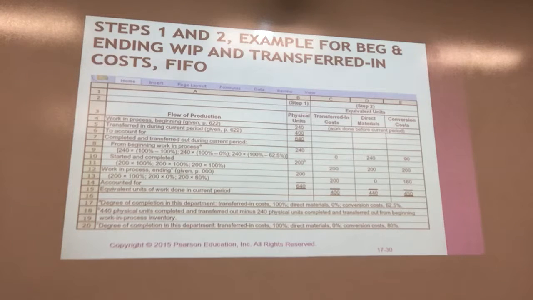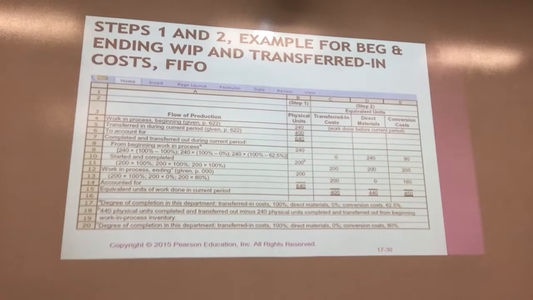Then for started and completed, of course, remember, started and completed means 100% across the board, right? So 100% of 200, 200 across the board. And then work in process, we have 100% of transfer in costs accounted for, none of the direct material costs accounted for, and then 80% of the conversion costs have been added.